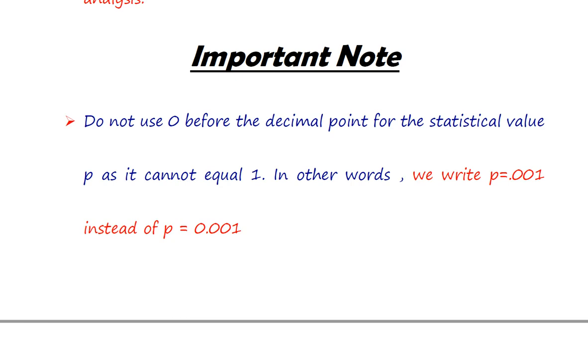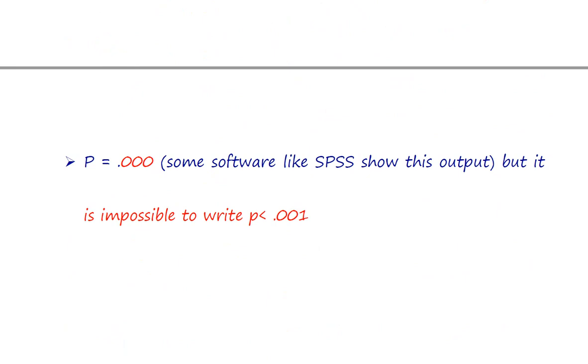Do not write this 0 before the decimal point, because the reason behind is p-value never attains 1. It cannot be equal to 1. So why use 0 before decimal points?